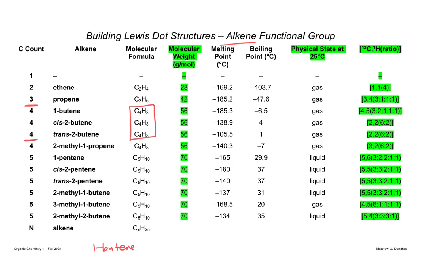The "but" tells you there's 4 carbons. The "ene" tells you there's a pi bond. The 1 tells you where the pi bond starts. So I have 4 carbons. At position 1, there's a pi bond.